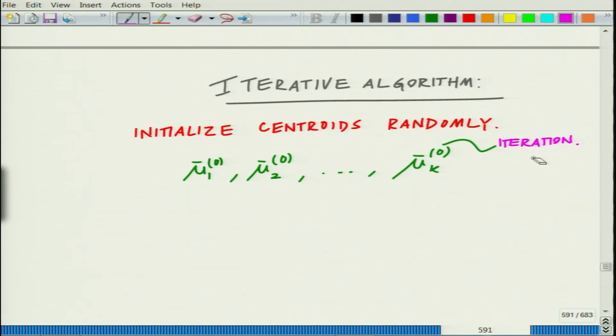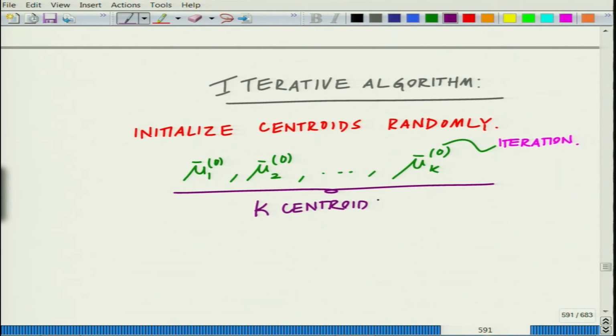So, this is the initialization. These are the k initial values of the centroids, and these are also termed as seeds.